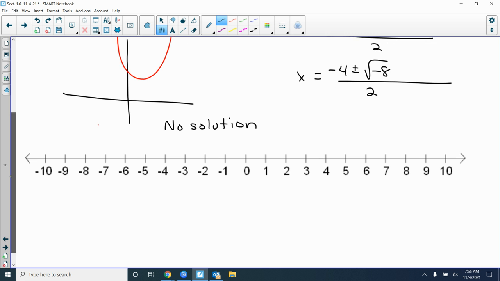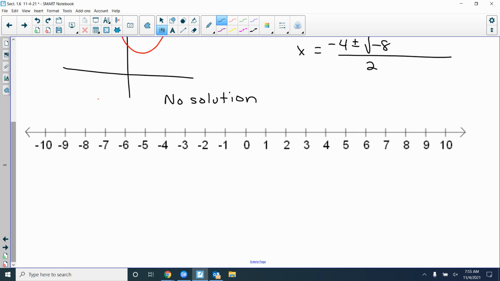Just a little bit of a forewarning: that's only with complex numbers. Let's say you got an answer of negative 3 plus or minus the square root of 2, over 2. What if you got that? Does that hit the x-axis? Yeah, those would be your 2 critical points. The only times it doesn't is if you get an i or a negative underneath the radical.